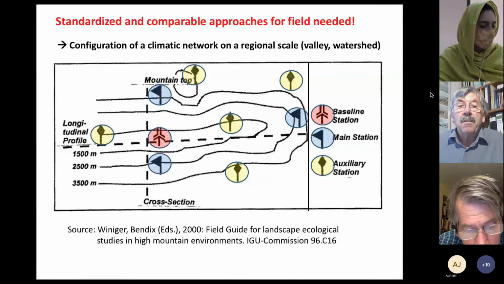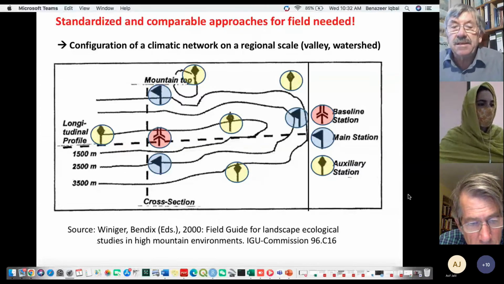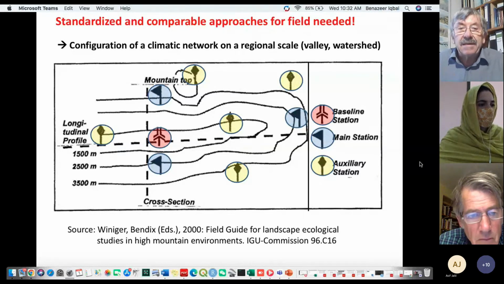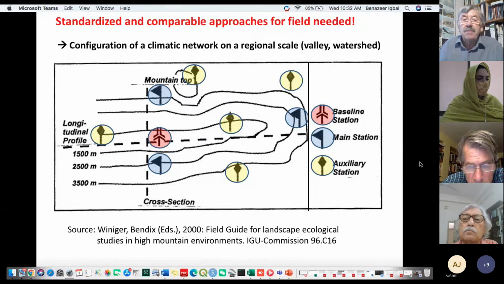Yes, we need for the high mountains, that is very clear, and it has been outlined by Isimon as well, standardized comparable approaches for field measurements. And this means you see here a very simple approach. You have a valley from right to the left, it goes down.